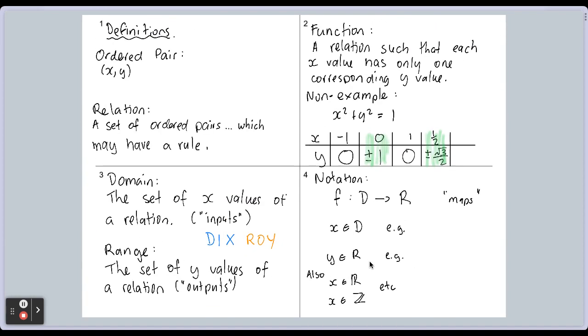And I'll give you an example now, just ones that you're familiar with already. If I wrote X belongs to square bracket 1 comma infinity round bracket, that means all the possible real numbers between and including 1 all the way up to infinity.